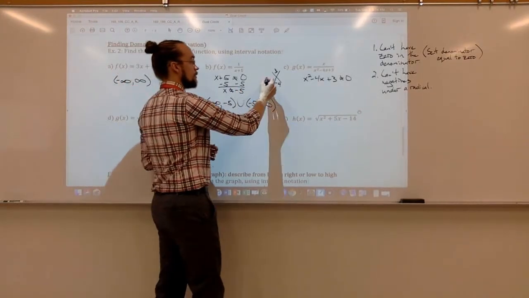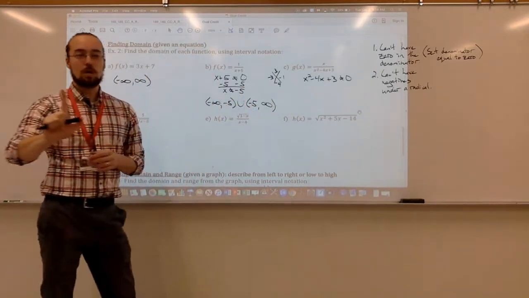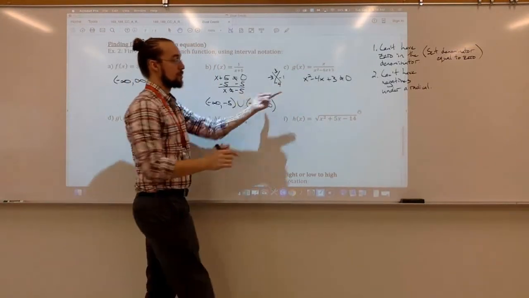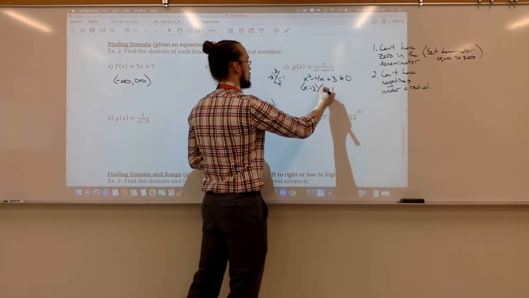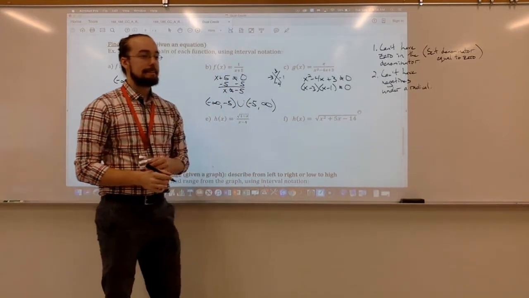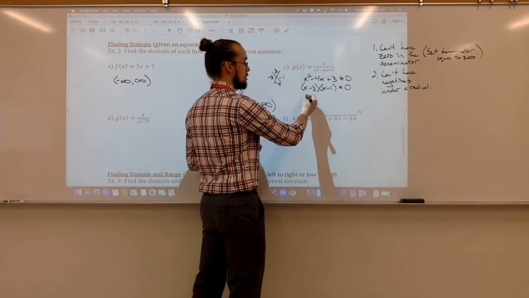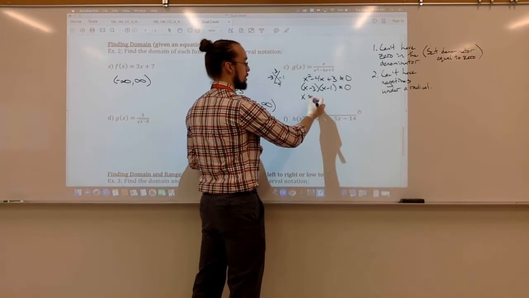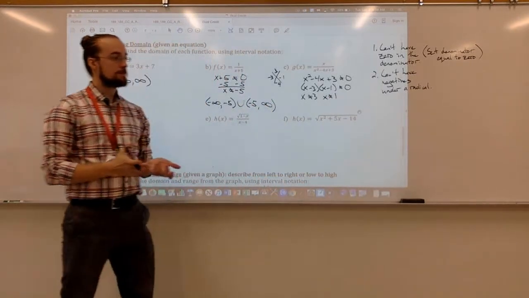Negative 3 and negative 1. Since my A value is just 1, those are my factors. So this factors into x minus 3 times x minus 1. Solving this, x cannot be 3, and x cannot be 1.